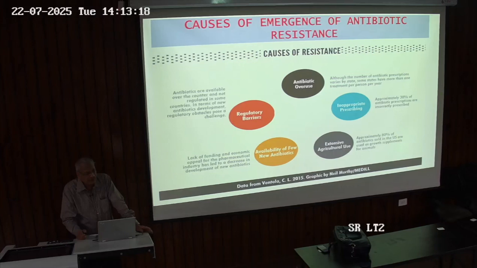And of course then from 2000 onward, there has been a lack of availability of newer antibiotics, and then regulatory barriers. We can see that in our country you can go to the counter and get azithromycin or clarithromycin or cephalosporins. Antibiotics should always be sold on a prescription, but this is not being done. So that is the regulatory barrier.